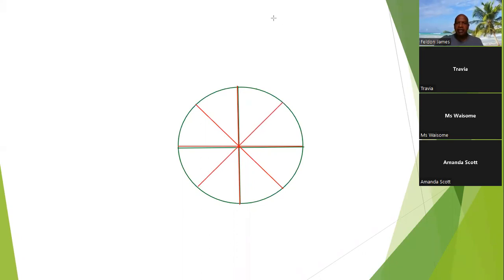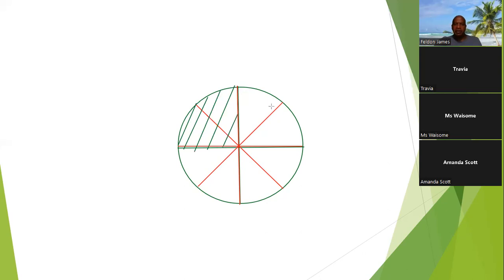Now, if we are to shade 1 out of 4, or a quarter, we would shade this portion to be a quarter pizza, right?